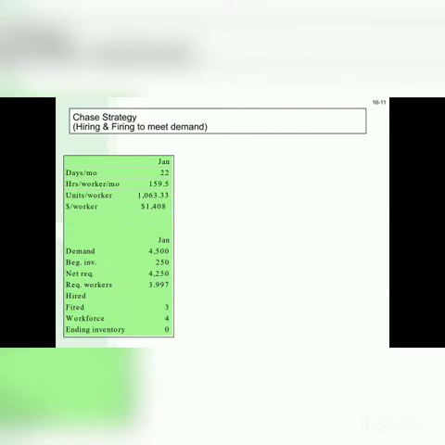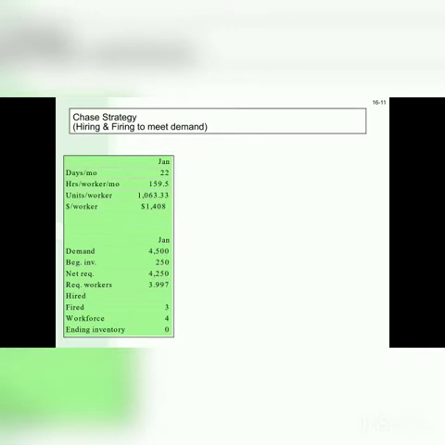Now let's take the chase strategy: hiring and firing to meet demand. The chase strategy says that whenever the demand is less, you should fire people, and when the demand is more, you can hire people. So for the month of January, there are 22 days.